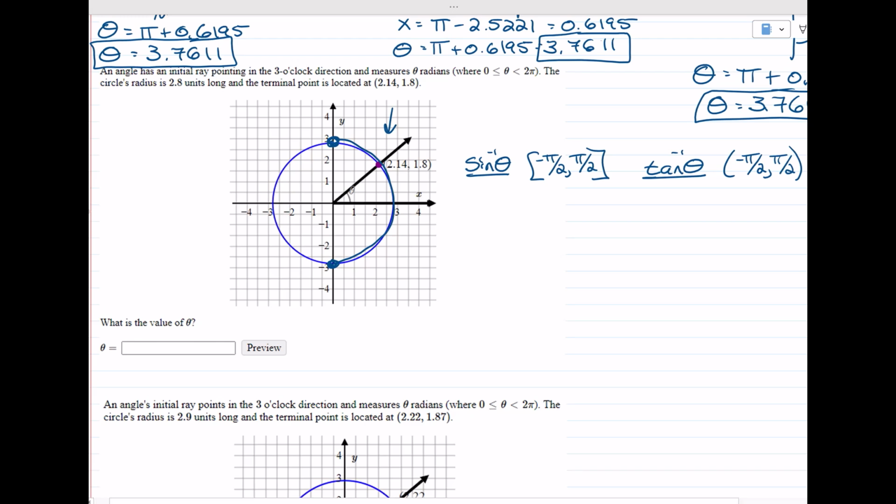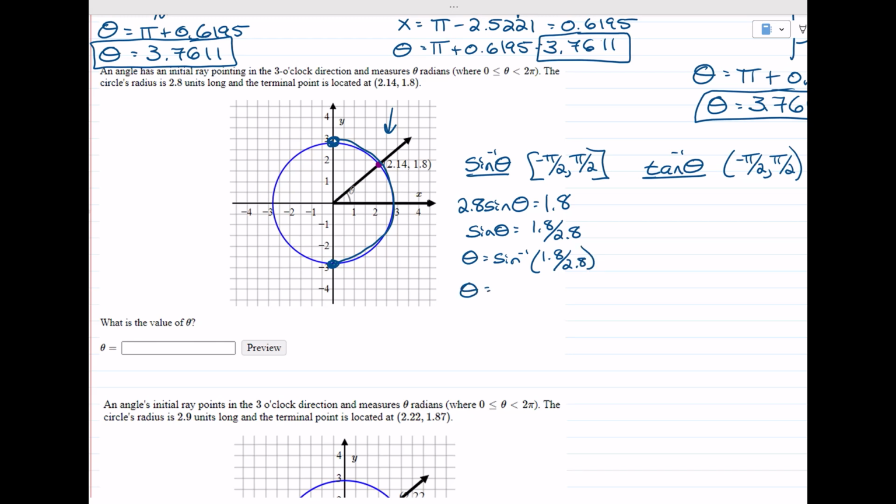So with sine, we know that the radius is 2.8, so 2.8 times the sine of theta is equal to the y value, 1.8. So the sine of theta would be 1.8 divided by 2.8, and then if we take the inverse sine of both sides, let's see what this is.